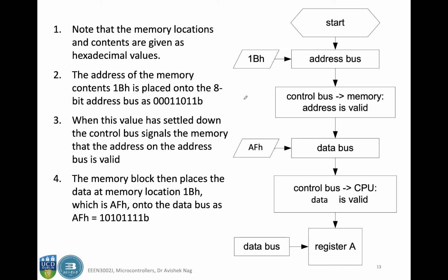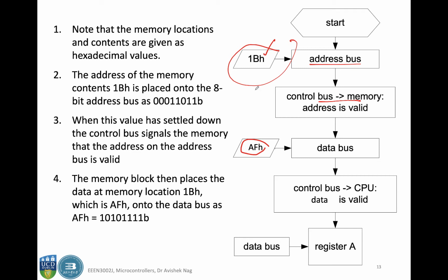The first step is to identify the address, which in our case is 1BH. That address 1BH is put on the address bus. Then the control bus signals the memory that this address is valid. Once that step is confirmed, the data AFH, which was residing in this address, is put on the data bus.